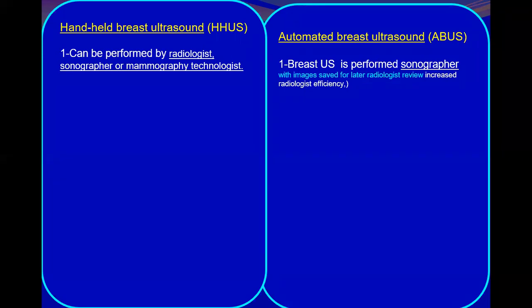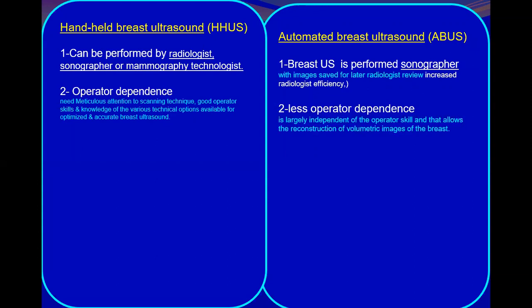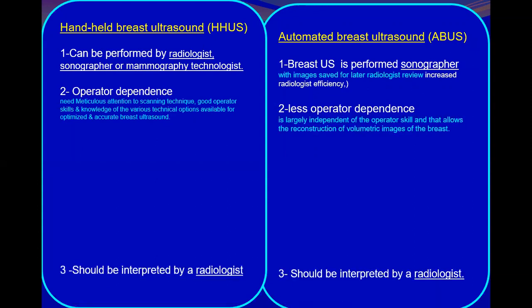So this will increase radiologist efficiency. And the handheld, as you know, is operator dependent. It needs meticulous attention to scanning technique and good skills, while the automated is less operator dependent.